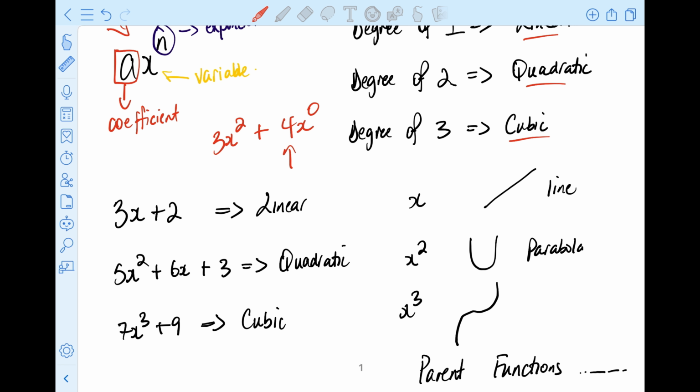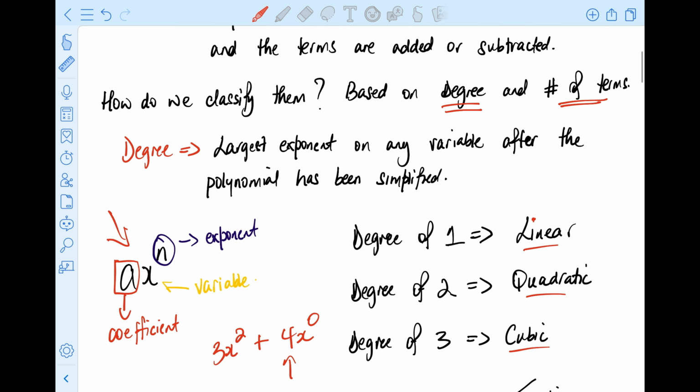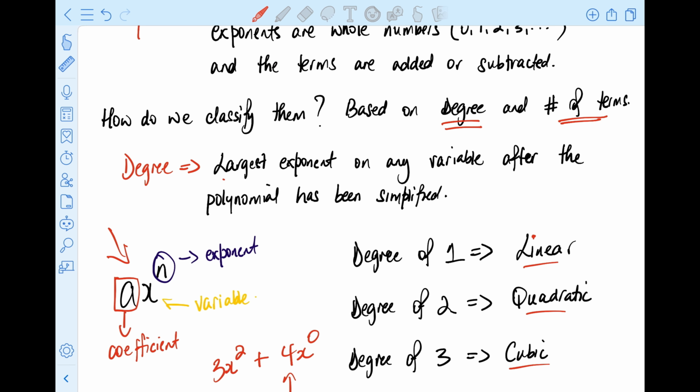So if you should look here, 3x plus 2, this has an exponent of 1. And remember, I'm going to slide back right here. Let's read what a degree is. A degree is the largest exponent on any variable after the polynomial has been simplified.